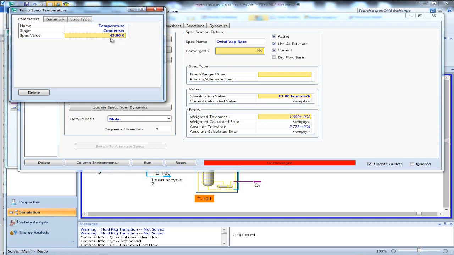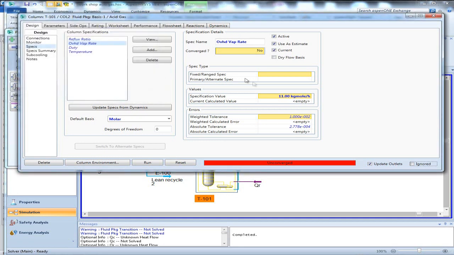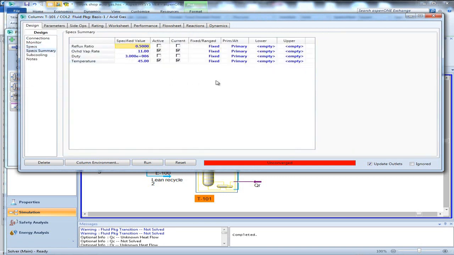We can do the case study by changing the specification of the condenser here and take a look how much hydrogen sulfide gas we can get rid of. Okay, let's see the summary.